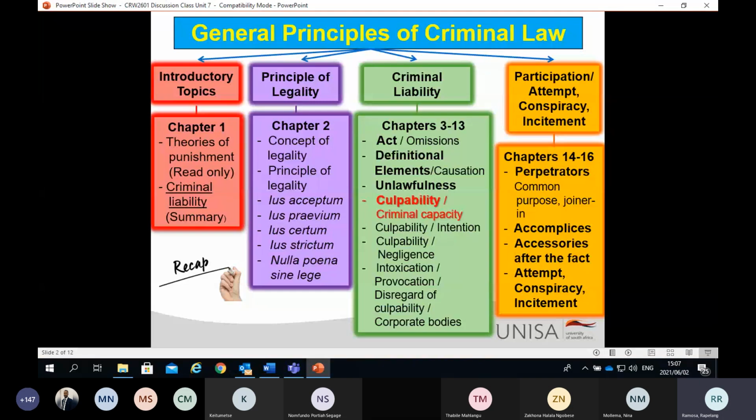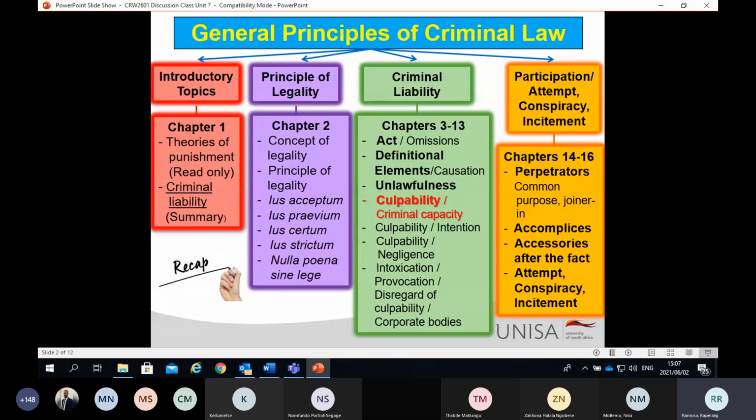Now, to recap, as we always do every week, I'd like to thank Professor Molema for covering last week's unit, which was unlawfulness 2. But what we have done so far: on week 1, chapters 1 and 2 combined. On week 2, we did the act and omissions.